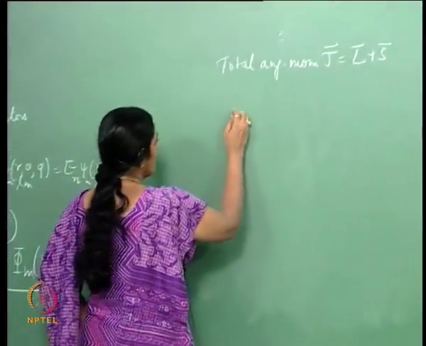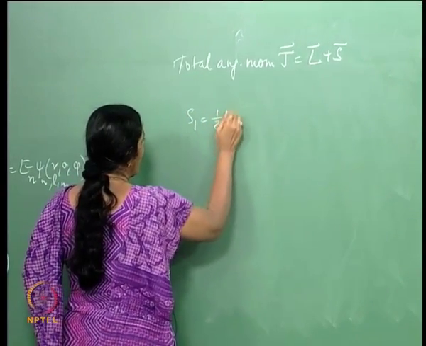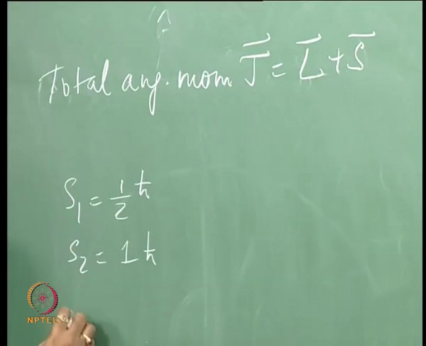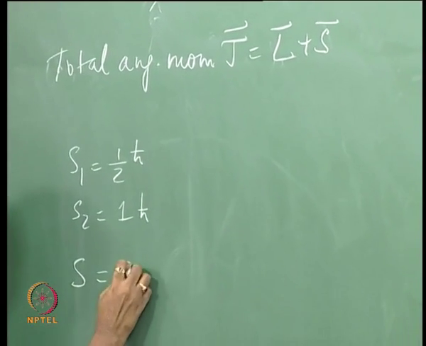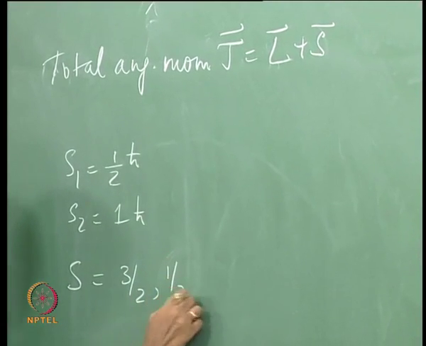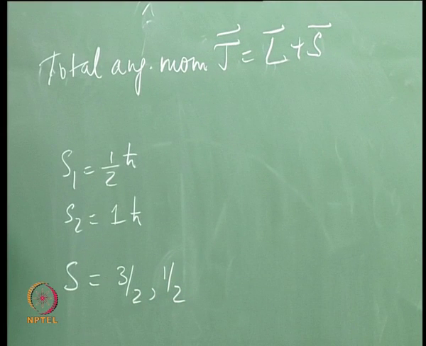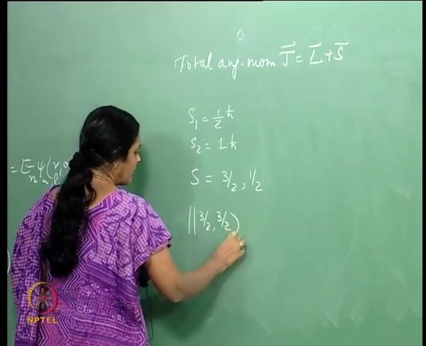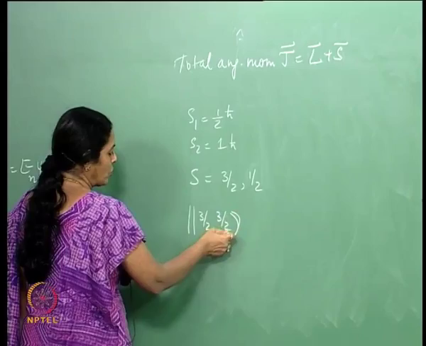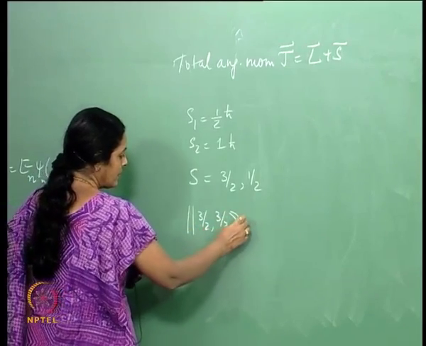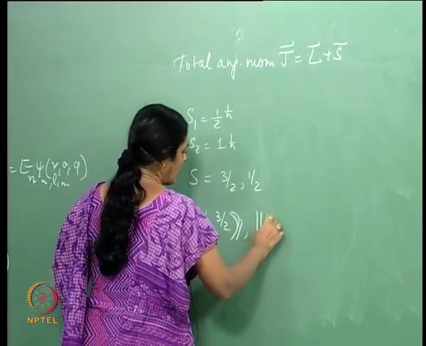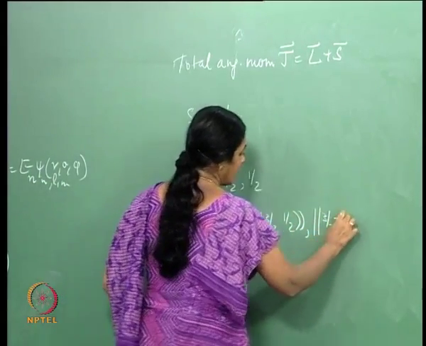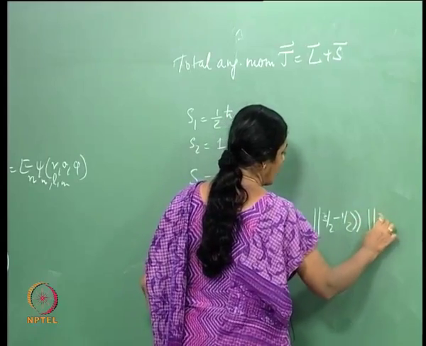For instance, when you had S1 as half h cross and S2 as say 1 h cross, where S1 and S2 are two spins, S could take values 3 by 2 and half in units of h cross, and therefore the coupled state of spin in my notation would have S taking values 3 by 2, 3 by 2, this is my notation, double braces, 3 by 2 half, 3 by 2 minus half, and 3 by 2 minus 3 by 2.